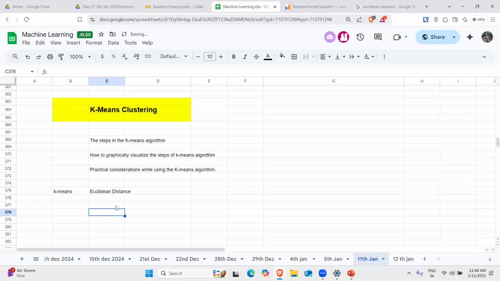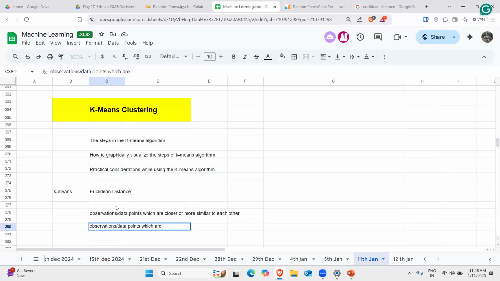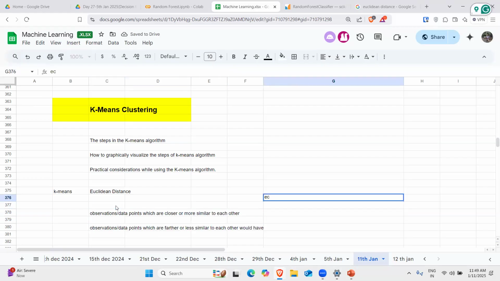So basically, can you answer this question? The observations, the data points, which are closer or more similar to each other, and the observations or data points which are farther or less similar to each other would have, you have to comment on the Euclidean distance, whether it is high or low.